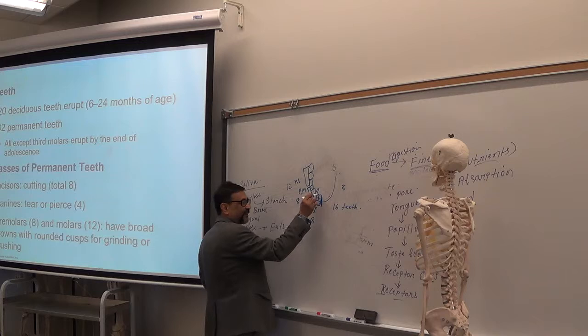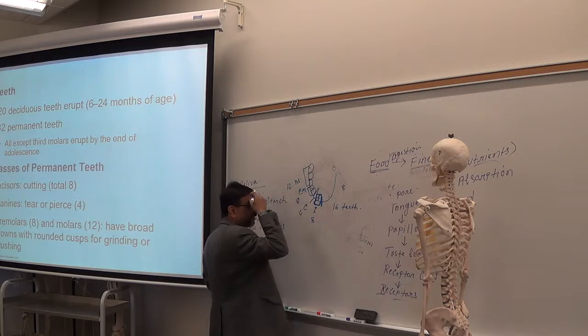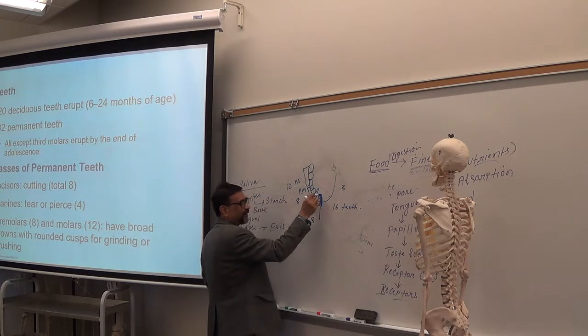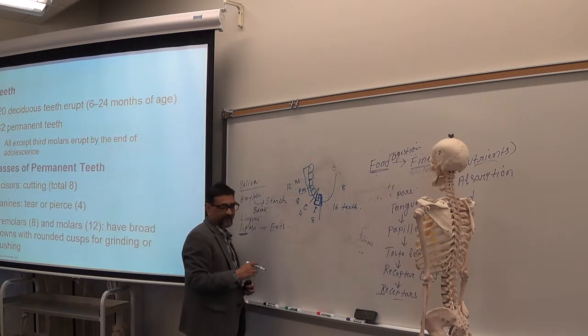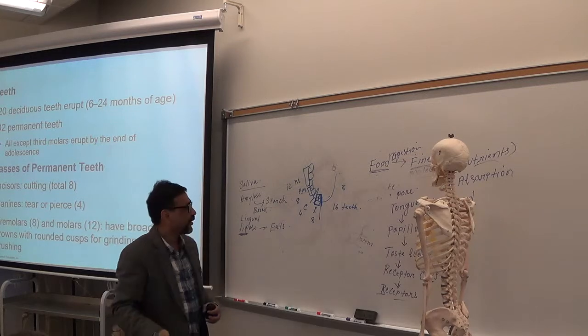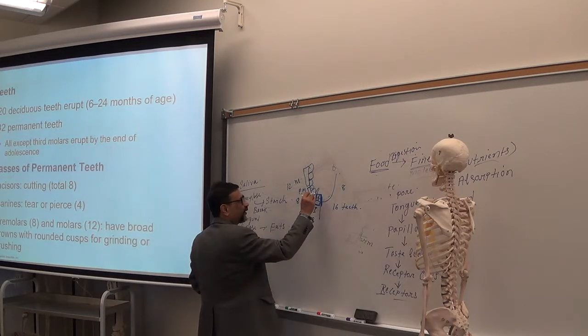Incisor teeth have a blade-like edge. So the free end is like a knife or blade. So cutting or chopping is the main function. It chops or cuts the wood. Canine has a sharp pointed end.